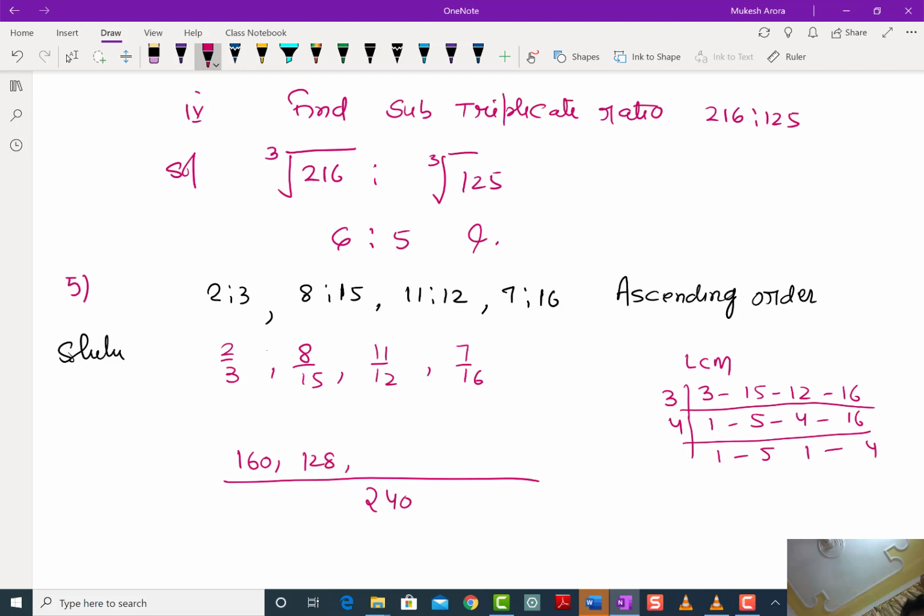Then 12 goes 20 times, 20 into 11 is 220. Then 16 goes 15 times, 15 into 7 is 105.